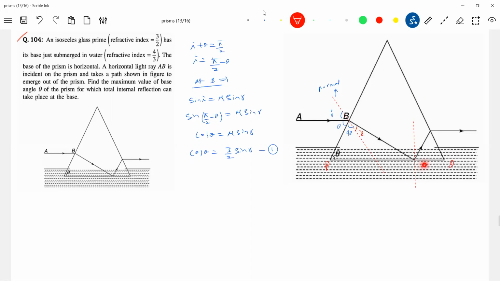Okay, this is Q. This is C and this is Q. This is a critical angle. Theta, phi, just be careful.